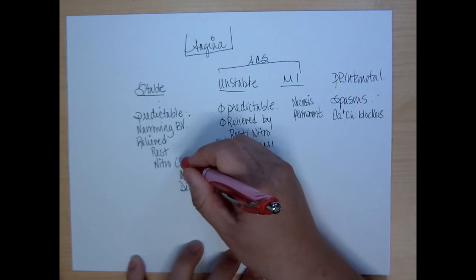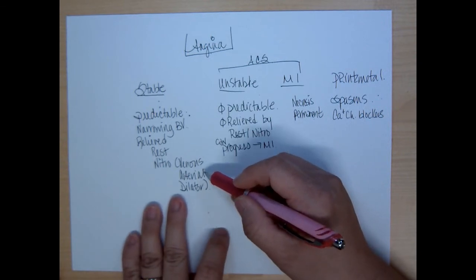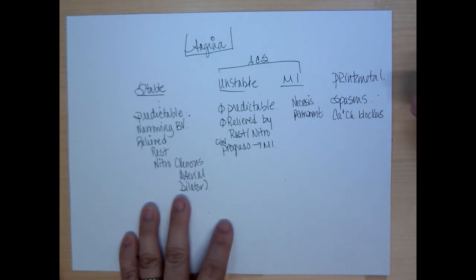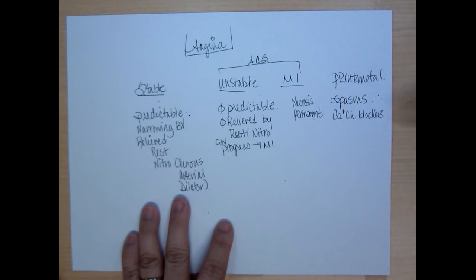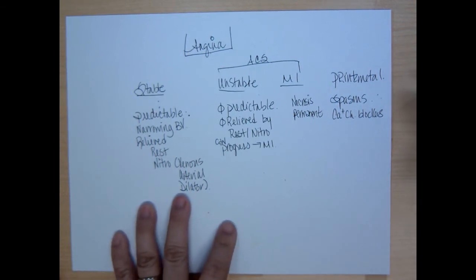Nitroglycerin, you do need to know this, is a venous and arterial dilator. I just want you to think about this theoretically without memorizing it. If you dilate your veins and your arteries, you're going to open up your blood vessels, and you're going to do two things. Even though predominantly it dilates veins, it dilates both, so you're going to decrease some of your preload, the load being returned to the heart.